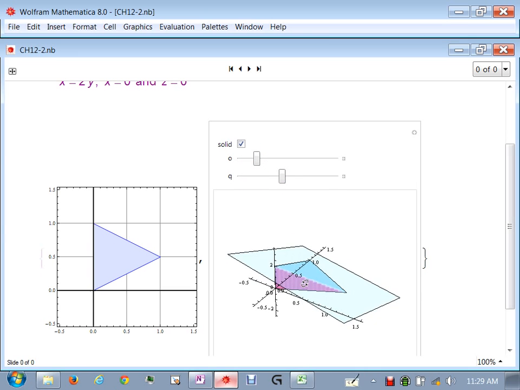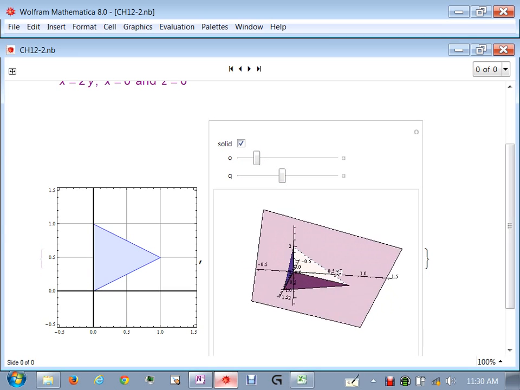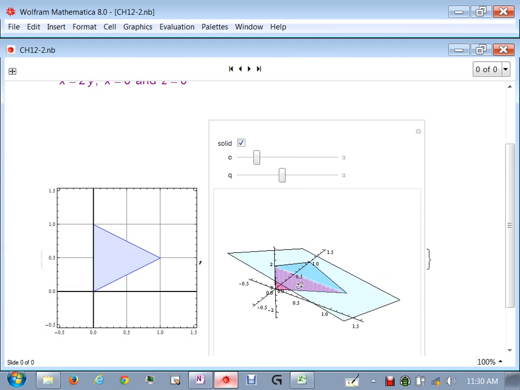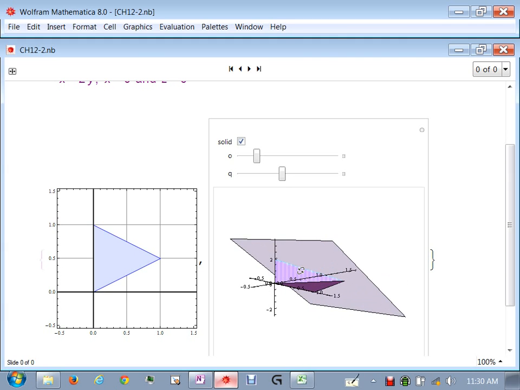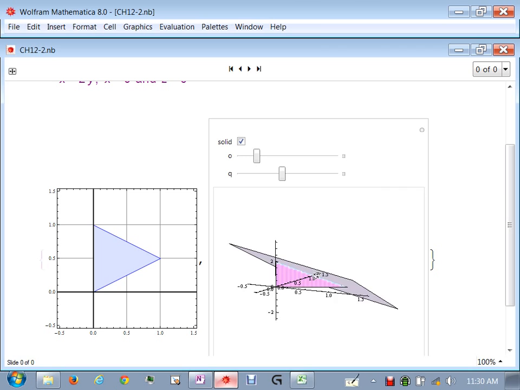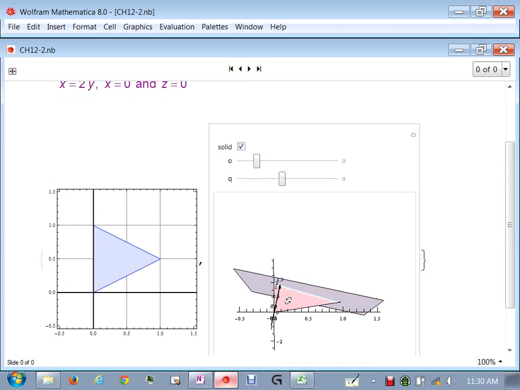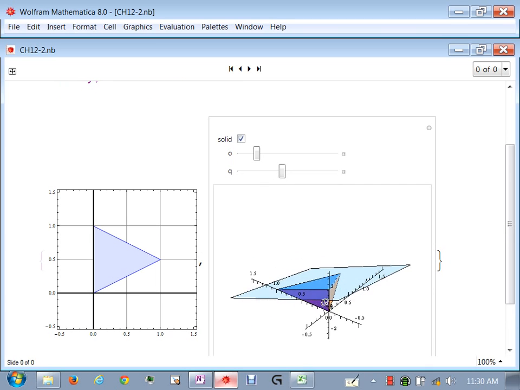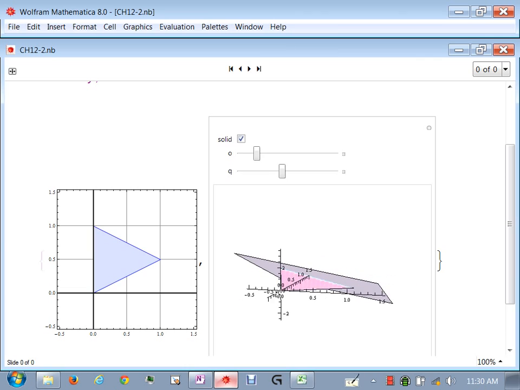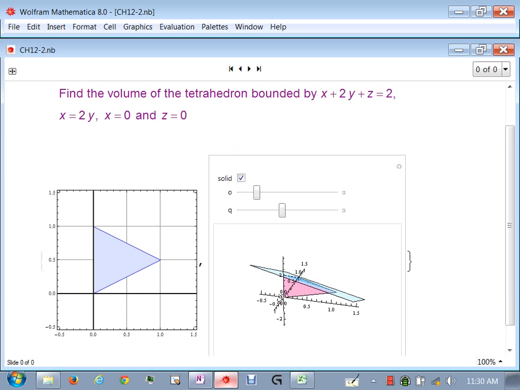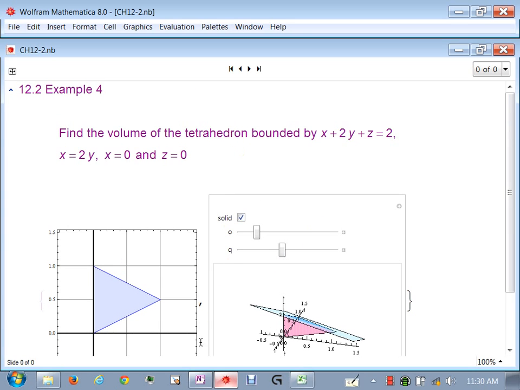How many sides does this tetrahedron have? There's 4 of them, right? You've got a base and 3 sides, and they all come to a point. The base of this tetrahedron is a triangle, or you could say that all sides are triangles. So we're trying to find the volume of this, and that's all the information we're given.